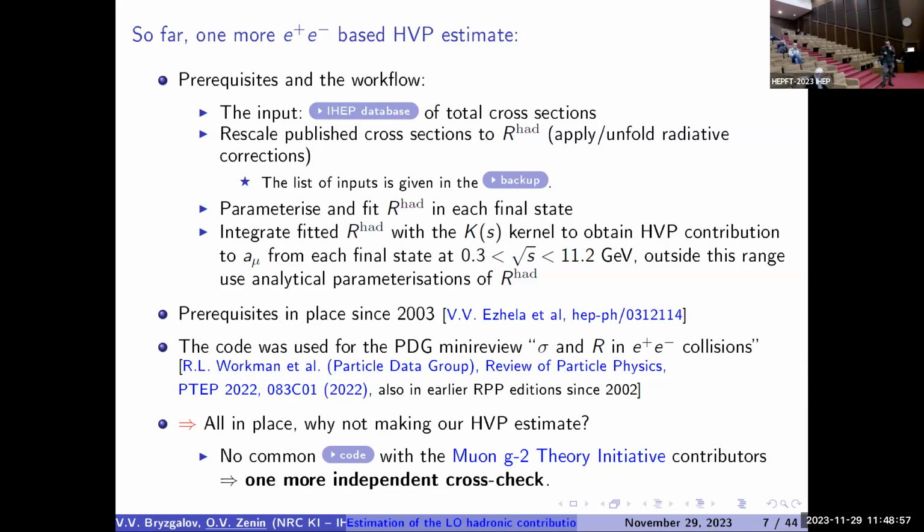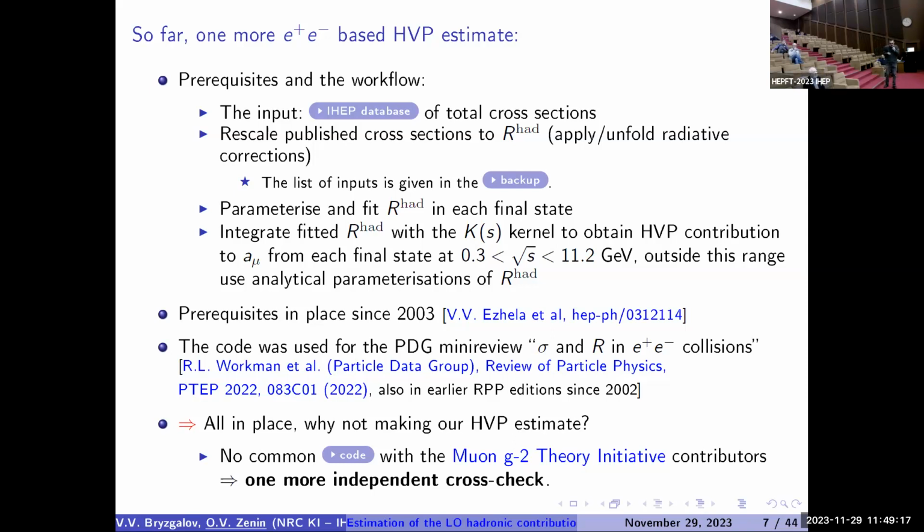This work is by no means original, because first estimates of this kind were made about 40 years ago. There was pioneering work by Eidelman and Jegerlehner, published in 1995.